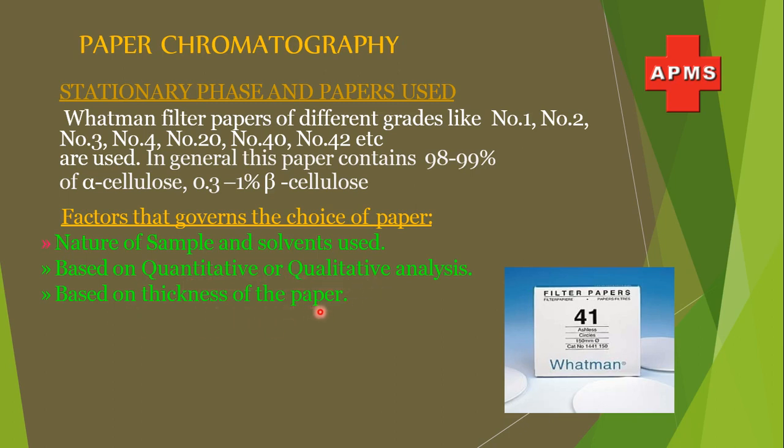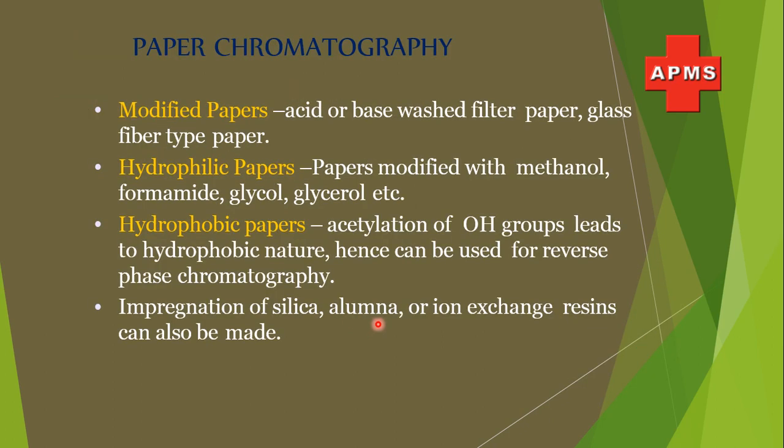Based on the thickness of the paper, if paper thickness is different, then the movement of mobile phase and separation of the various components in the sample varies. That also depends on the thickness of these filter papers. In paper chromatography, these types of papers could be used.